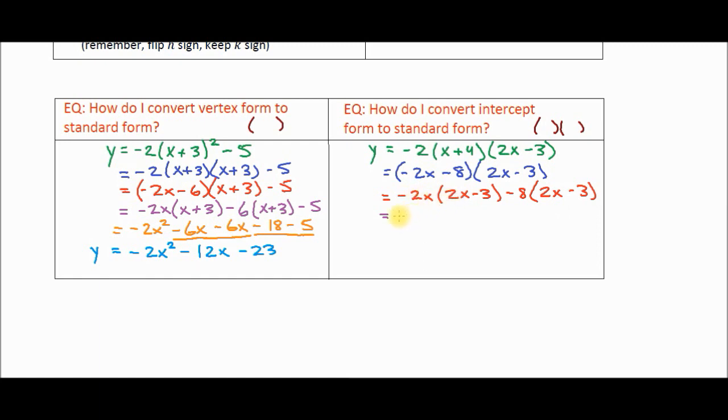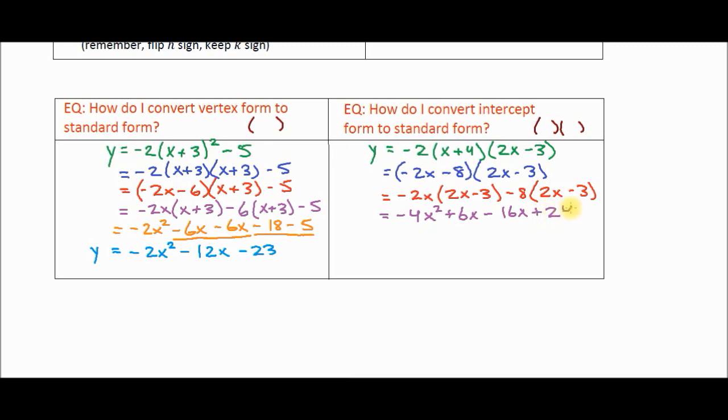Negative 2 times 2 is negative 4. And x times x is x squared. Negative 2x times negative 3, well, that turns to positive 6x. The next step, negative 8 times 2x is negative 16x. And negative 8 times negative 3 turns to be positive 24.